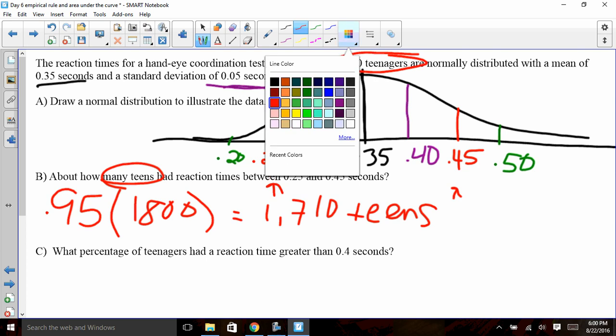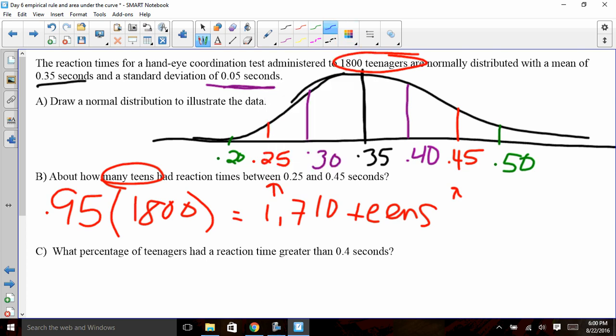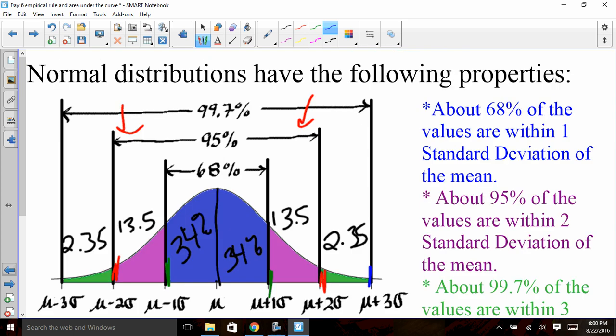All right, let's take a look at part C. What percentage of teenagers had a reaction time greater than 0.4 seconds? Okay, so 0.4 is 1 standard deviation and above. So if I go back a slide, and this is why I put these numbers in for you. Here's my 1 standard deviation. So I want to add these two together.